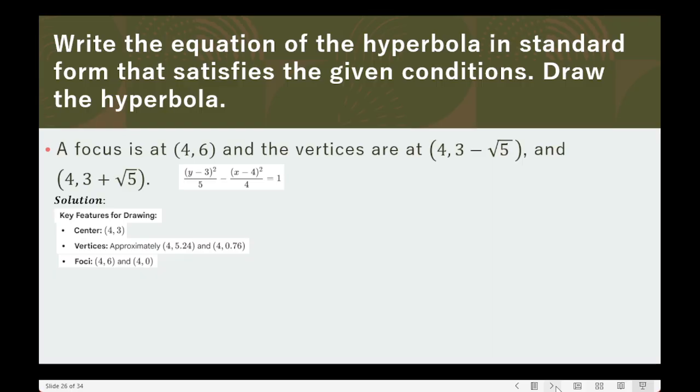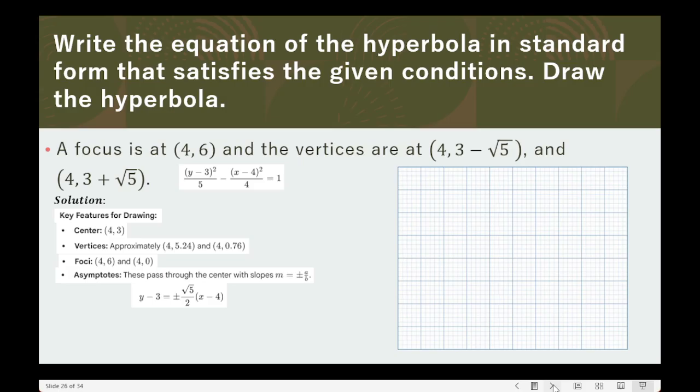Then the foci are at the coordinates (4, 6) and (4, 0). The asymptotes pass through the center with a slope of plus or minus a over b, and this is now the equation of the two asymptotes. Then let us trace the graph, labeling some coordinates on both the x and y axes. So this is the center at coordinates (4, 3).